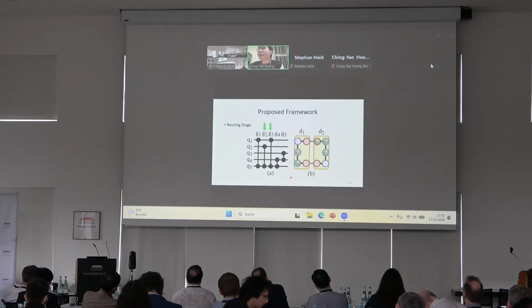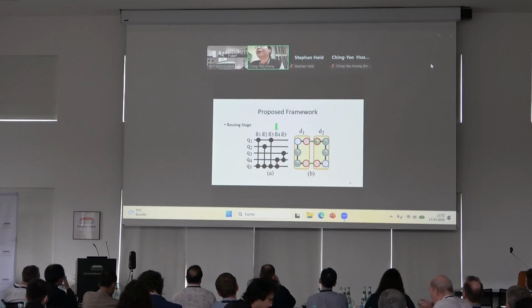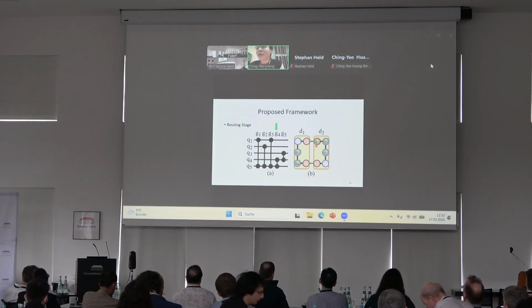And at this point, the only gate in the front layer of the logical circuit, G4, is not a local gate since its operand qubits, Q4 and Q5, are not on the same QPU. So we terminate the current local gate execution and start the next iteration of the routing stage.